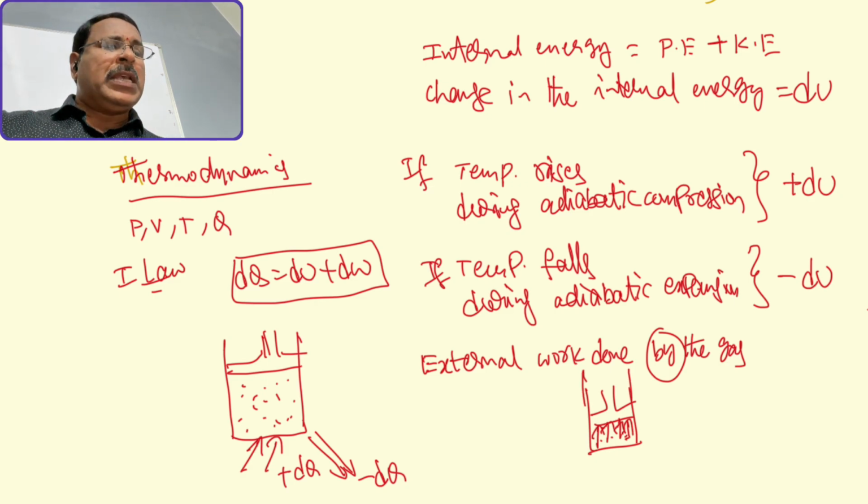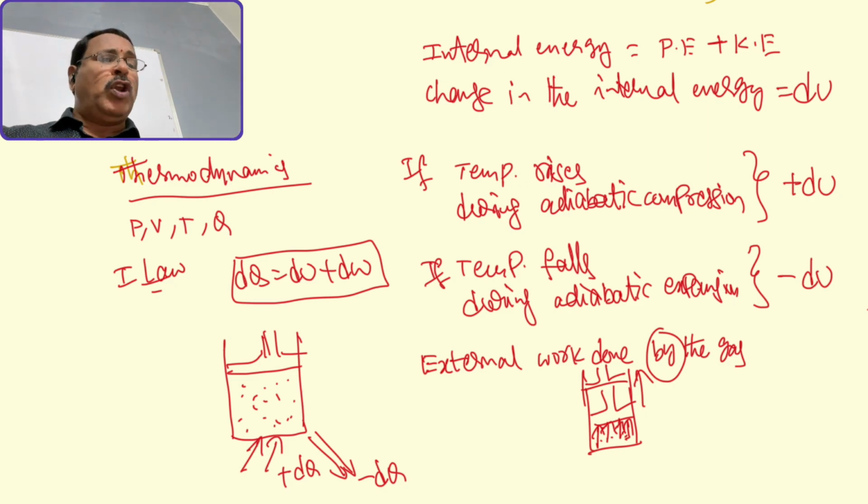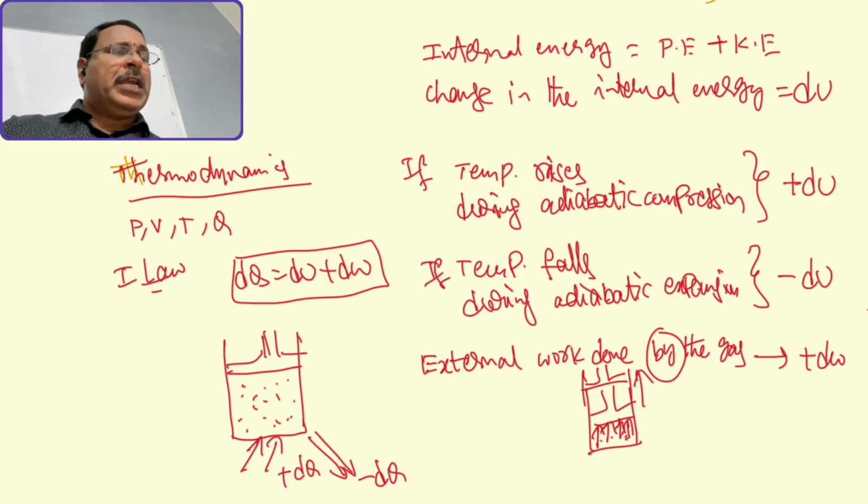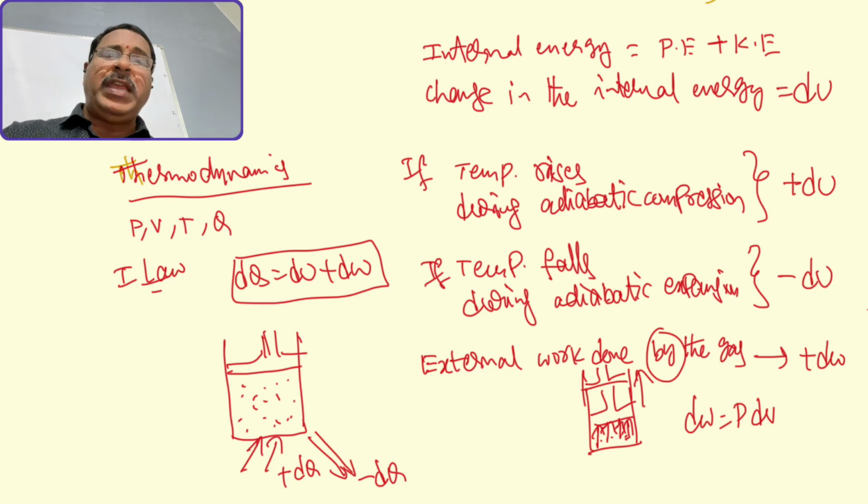As a result, what happens? The piston moves upwards from here to here. This type of process is called expansion of the gas. During expansion, volume increases. So if volume increases, then automatically work done becomes positive. Work done by the gas is positive, plus dW, because the dW formula is pressure into change in volume, P into dV.